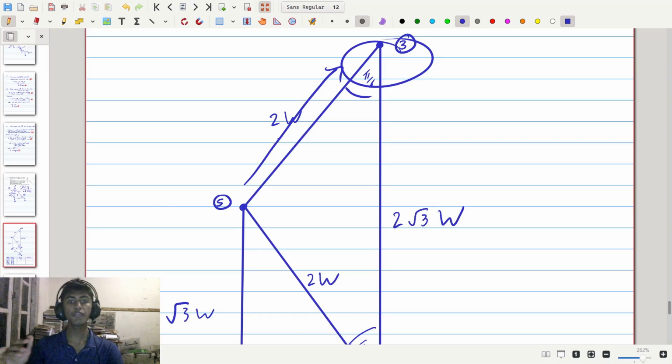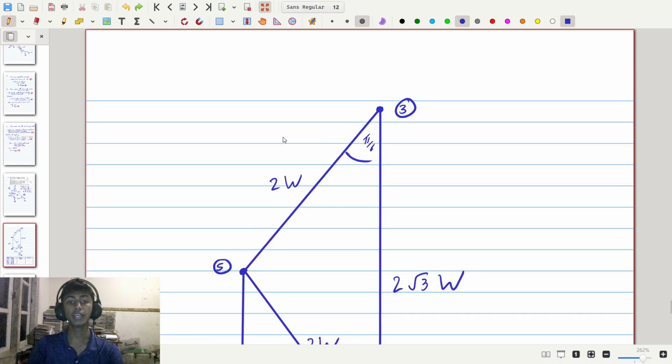This force is the force experienced by the point A from the rod AD. So for the rod AD, the point A itself experiences a 2W force in this direction.